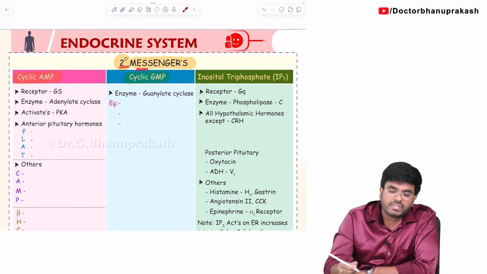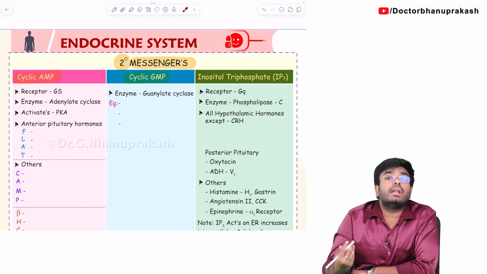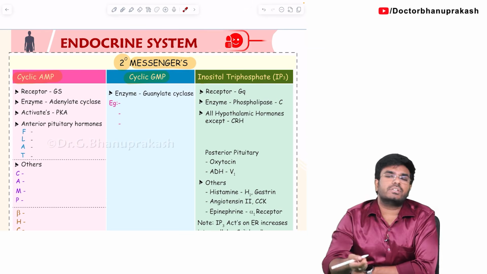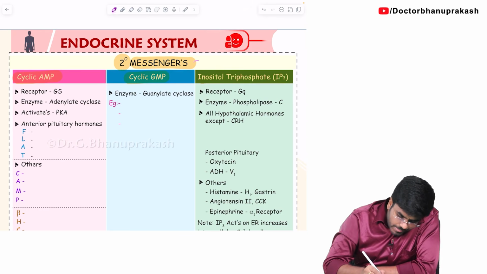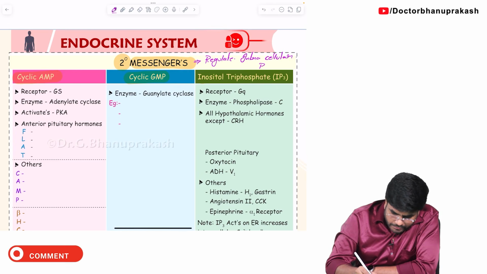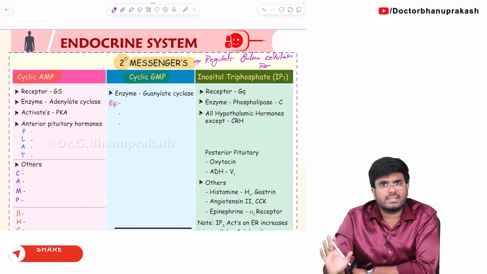I have taught you that secondary messengers regulate intracellular reactions, not extracellular reactions. So secondary messengers regulate intracellular reactions or intracellular mechanisms.